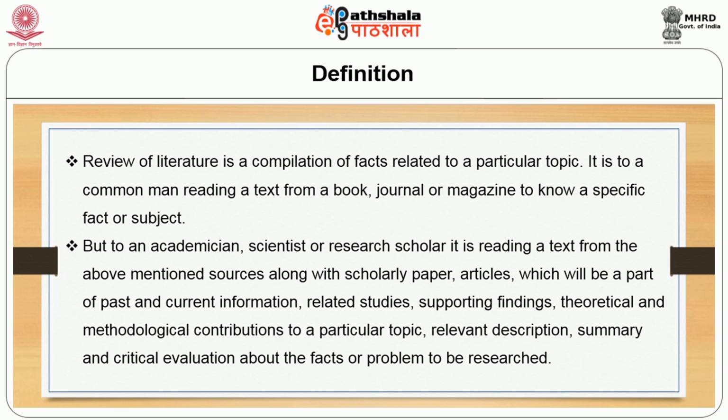But to an academician, scientist or research scholar, it is reading a text from the above mentioned sources along with scholarly papers and articles which will be a part of the past and current information, related studies, supporting findings, theoretical and methodological contributions to a particular topic, relevant descriptions, summary and critical evaluation about the fact or problem which he is to research.